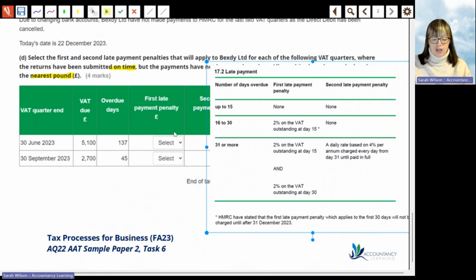Looking at the information that we're given, we can see that June's one is 137 days overdue, and September's one is 45 days overdue. So we're going to be looking at dealing with the 31 or more days.